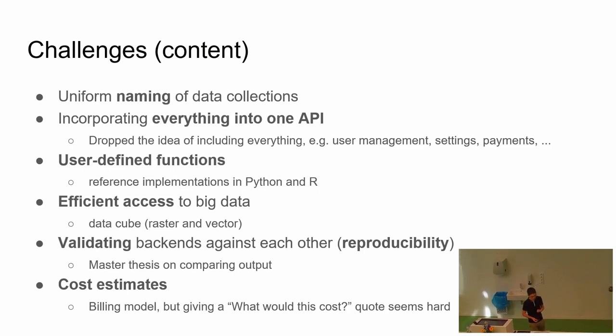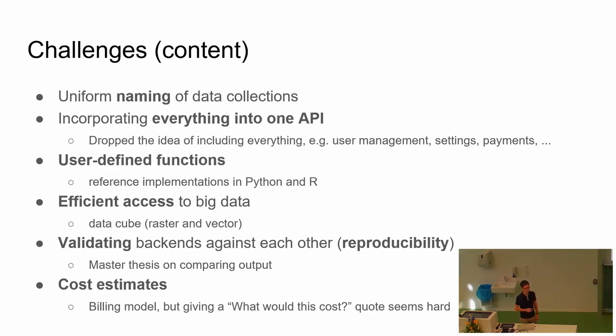But we dropped the idea of including everything, like the payments for the paid users, commercial users. They've got to work that out themselves. We're not going to include a huge payment API with OpenEO because it's really out of scope.